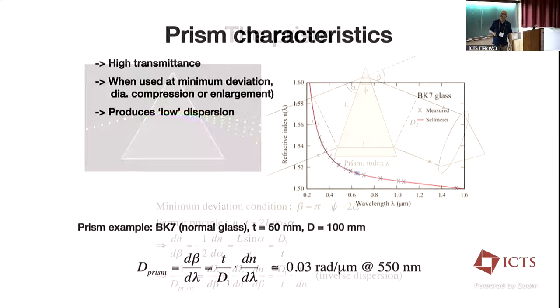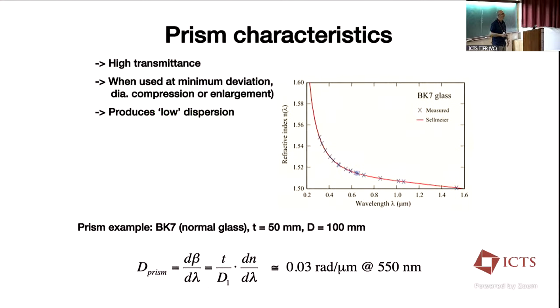I will not go through this. Just to show you, if I use a prism, I can compute the dispersion that I get with a standard prism of, let's say, reasonable size, 100 millimeter size. I will end up with this kind of dispersion. So 0.03 radian per micrometer.